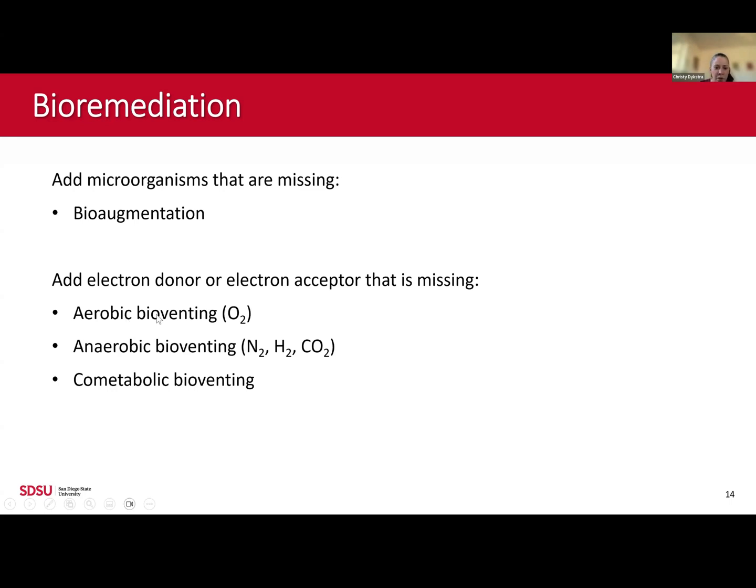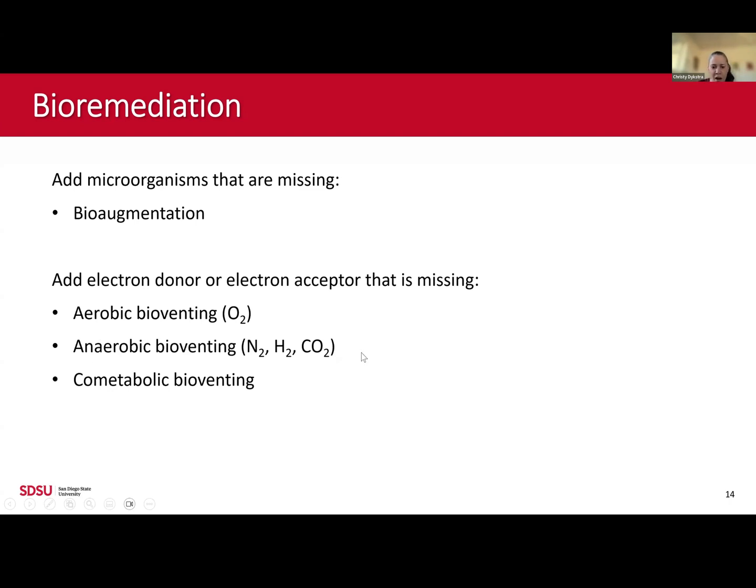So here, for example, aerobic bioventing, we might pump oxygen into the subsurface if this is something that can only be degraded aerobically, and we know that the microbes are there that can do it. They just don't have that electron acceptor. So we can add that electron acceptor for them and allow them to do what they naturally can do. We can, in some cases, do anaerobic bioventing.